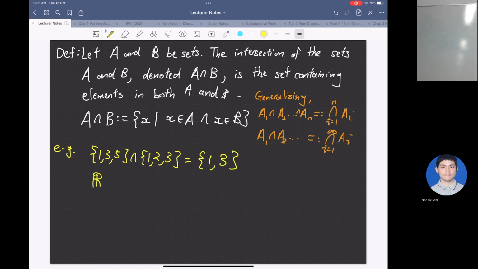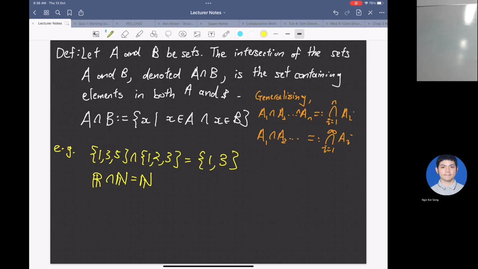How about R intersect with N? It is N. Good. So similarly, you need to think in your mind why the inclusion is true. Every time you need to check the equality.